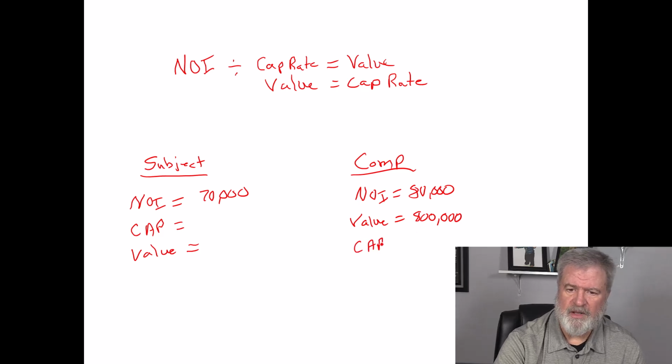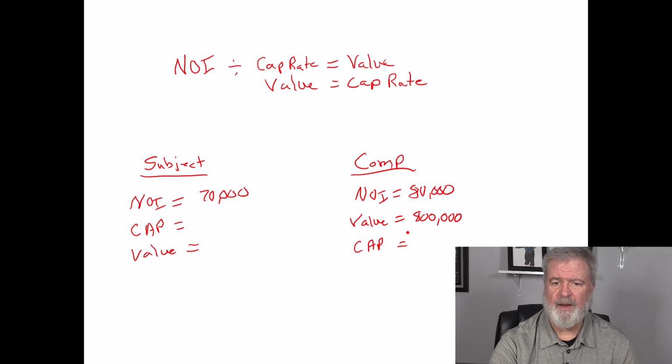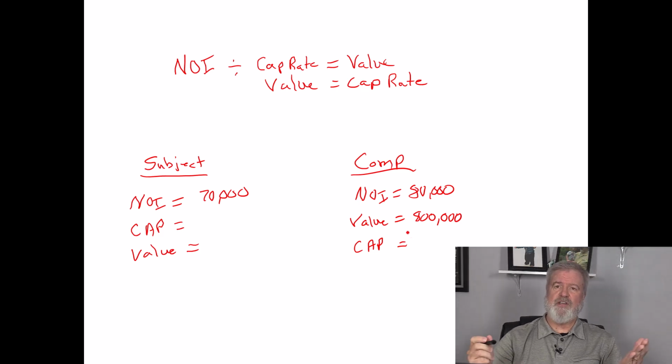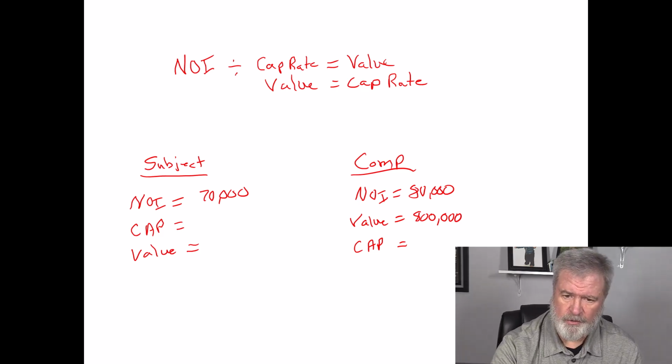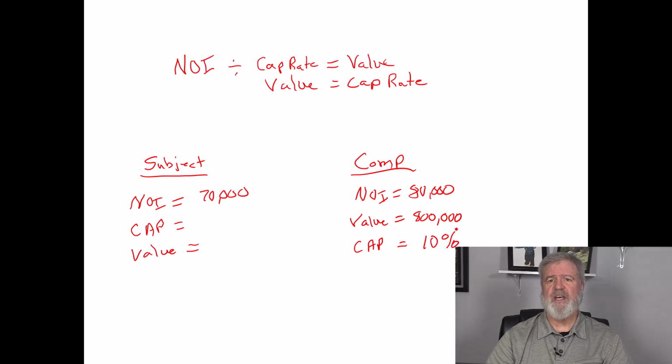Well, then what would be the cap rate for that property? In your calculator, 80,000, that's the income, divided by 800,000, the value, and that's 10%, right? So we got a 10% cap rate.